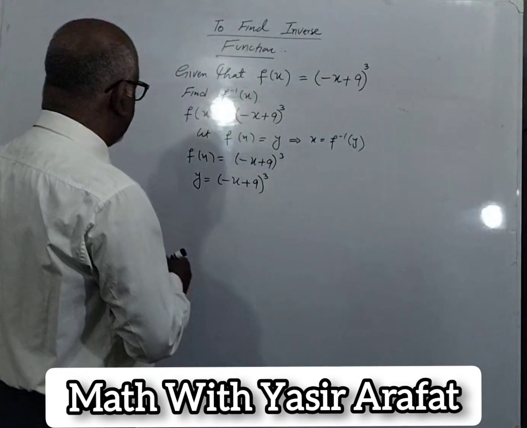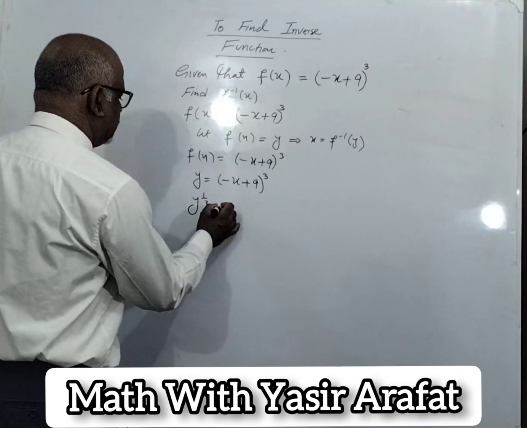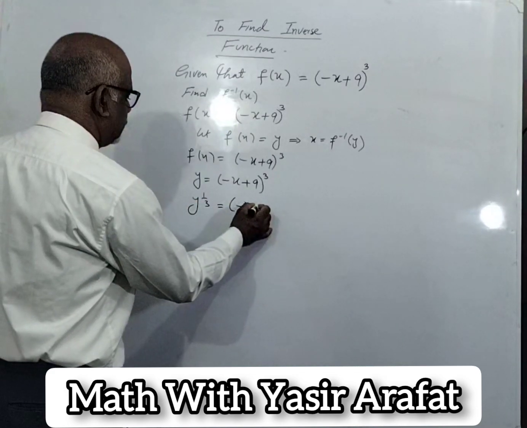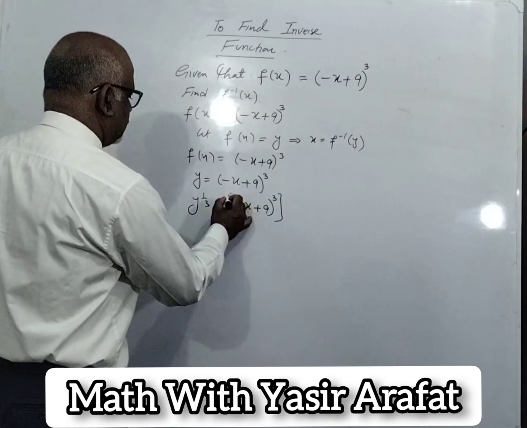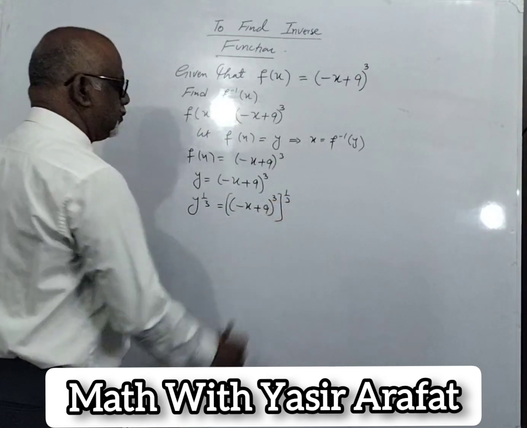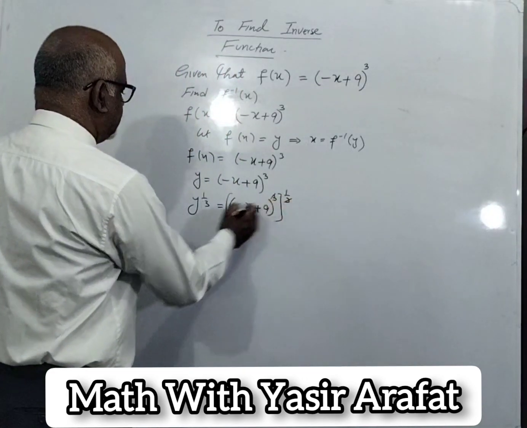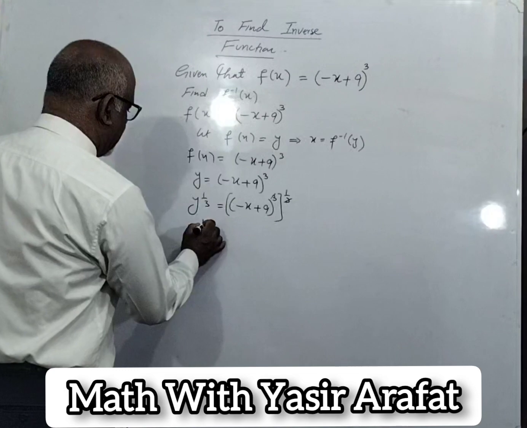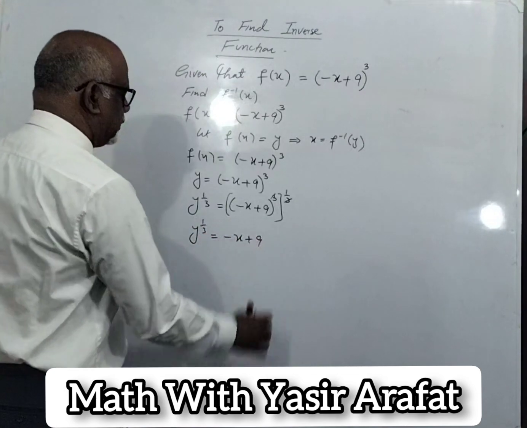So we just have to take out the cube root on both sides. So this 3 will cancel out with this one, and this is y power 1 upon 3 equals x plus 9.